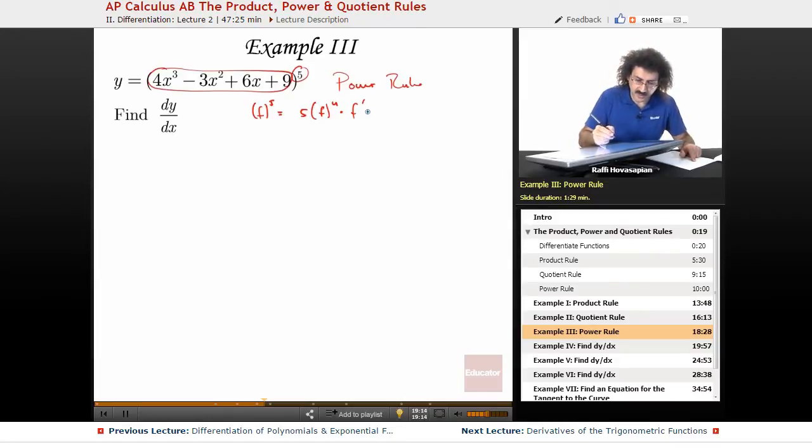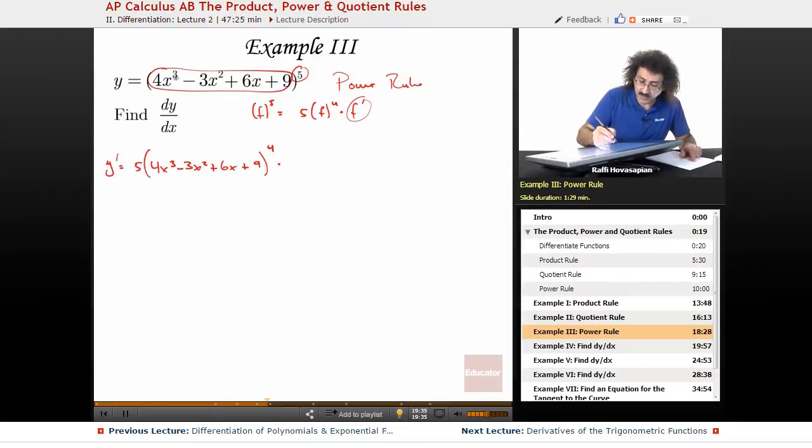Okay, well, let's go ahead and do it. So y prime equals, that comes down, 5 times, I leave that alone, (4x cubed minus 3x squared plus 6x plus 9) to the 4th power times the derivative, times f prime.